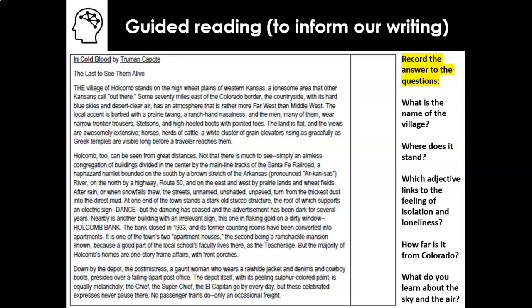Horses, herds of cattle, a white cluster of grain elevators rising as gracefully as Greek temples are visible long before a traveller reaches them. Holcombe, too, can be seen from great distances.